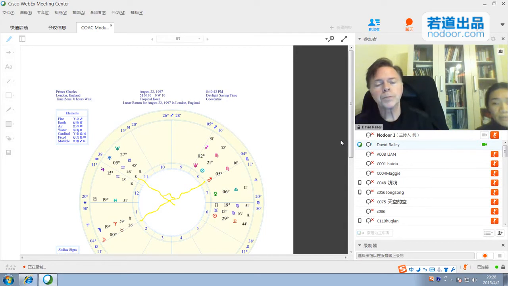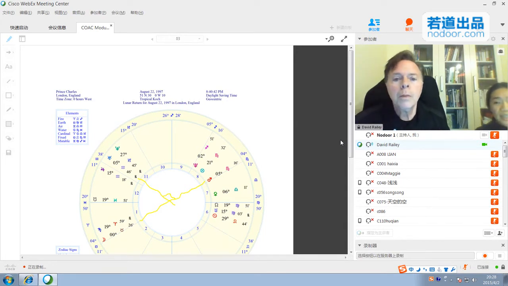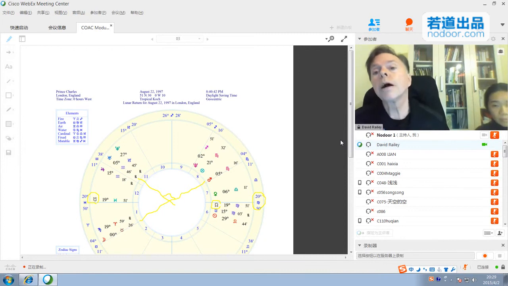I want you to notice a couple more things before we go on. You know how much I love the nodes. You cannot escape noticing that the south node is conjunct the ascendant, and the north node is conjunct the descendant. The north node always shows the area where there are going to be new developments. The new developments would be in partnership, and the seventh house relates to both partner and ex-partner.